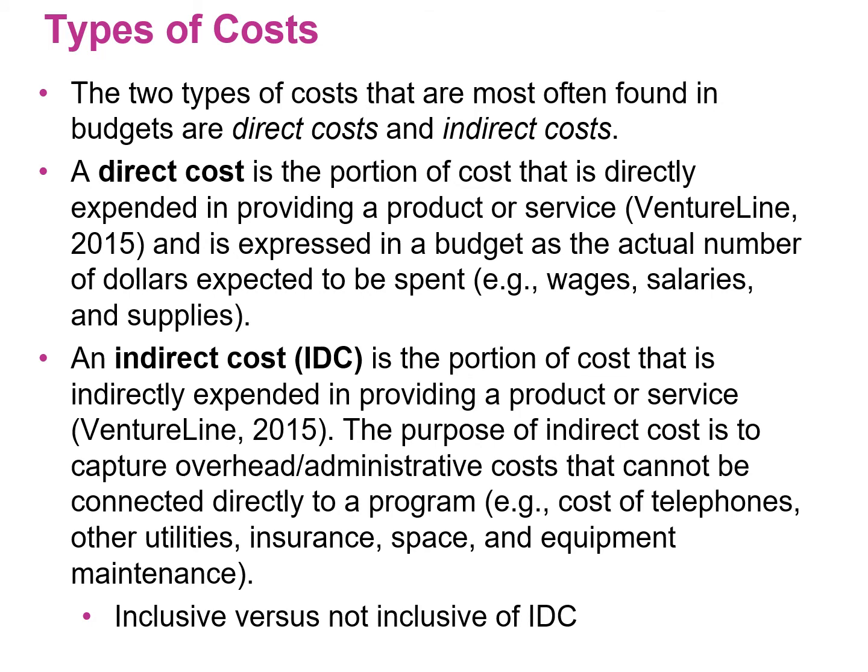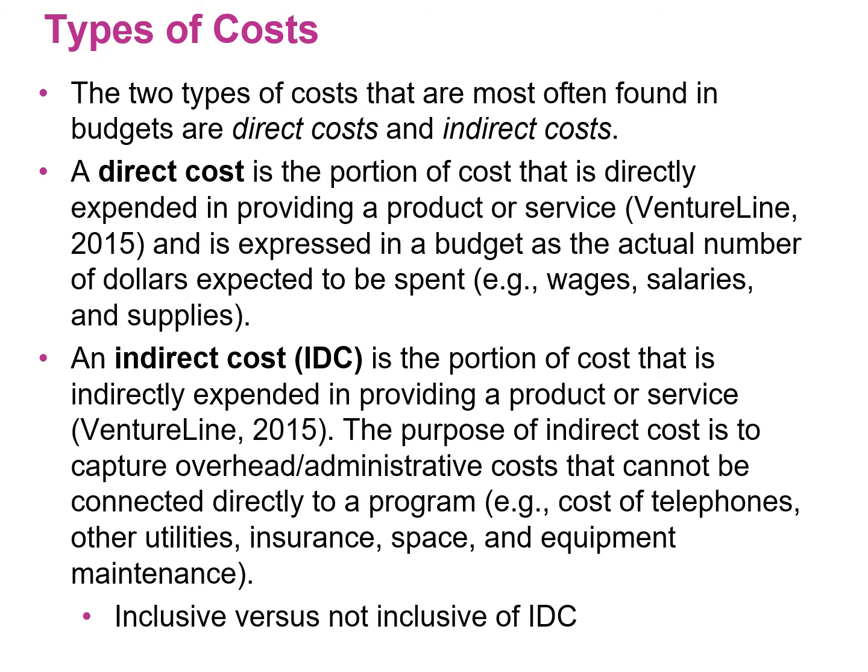The university pays for insurance. There's equipment like my desk and the computer, and other things in my office. There are also administrative folks available to me that I can ask, can you help me submit this grant, or can I get advice on this? So all of these things get paid through indirect costs.